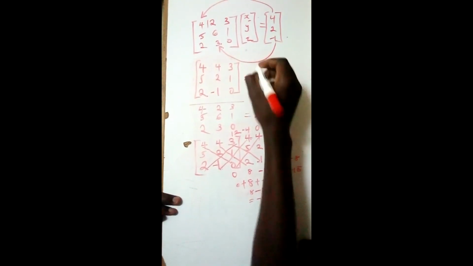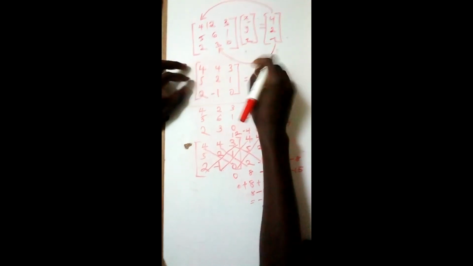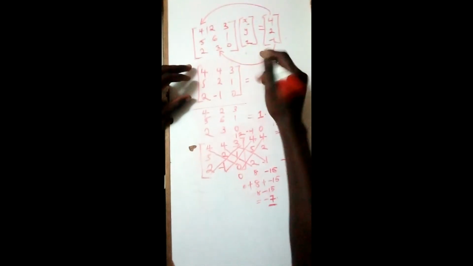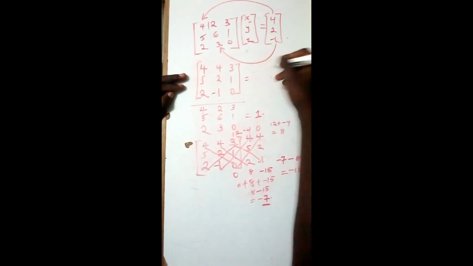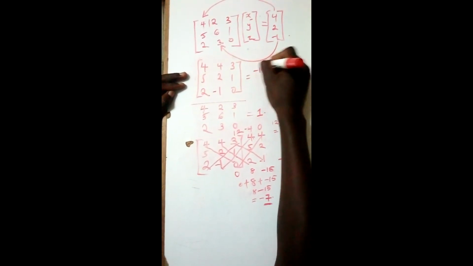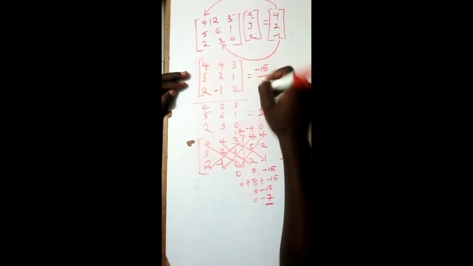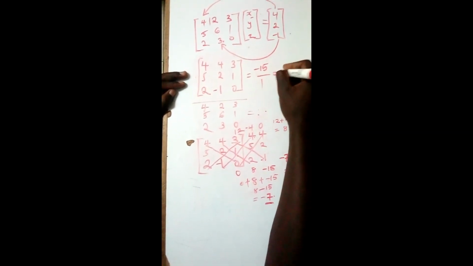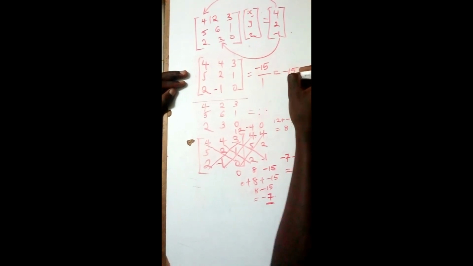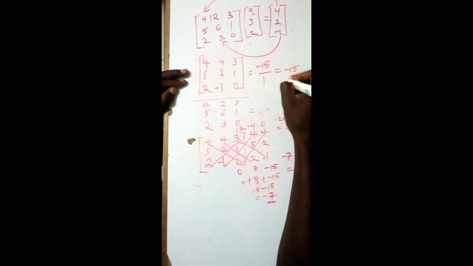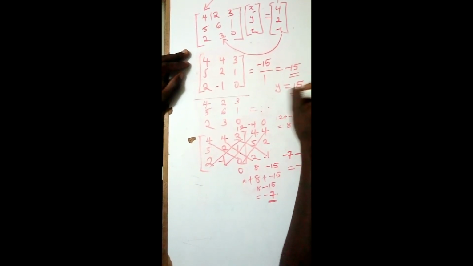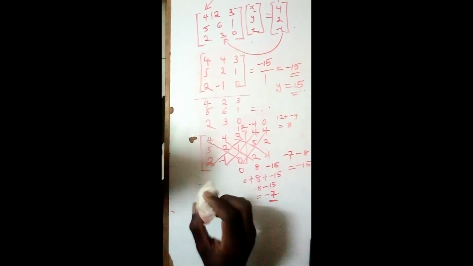So that should mean the determinant of the numerator is negative 15, which you are going to divide by 1, the value of this matrix, which is going to give us negative 15. And this negative 15 is the value of y. That is it. So we have finished this one.